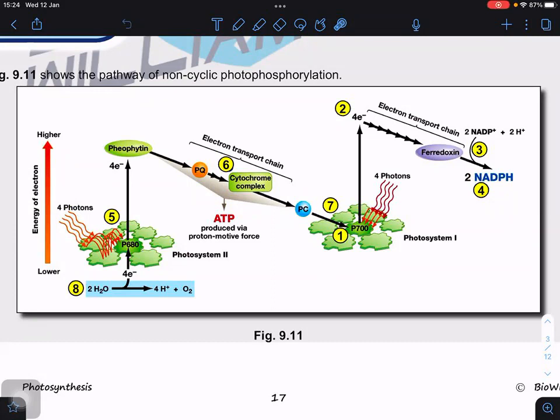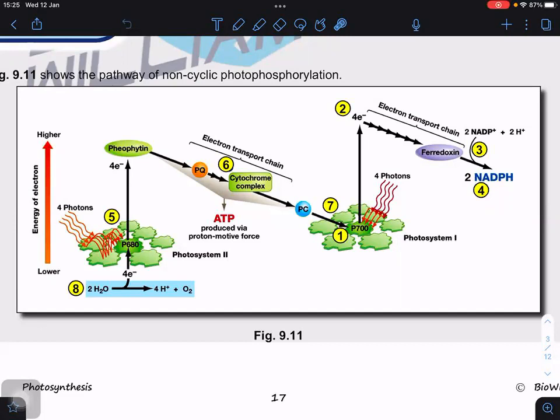Now for this flow, don't look at it and think the electron jumps up and down, because some books also use the term Z-scheme of electron flow. But in fact, you won't see the electron actually jump up and down like this. Are you clear? Because this up and down refers to the energy of the electron.